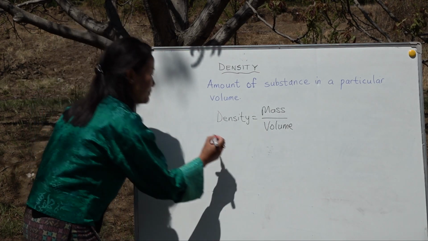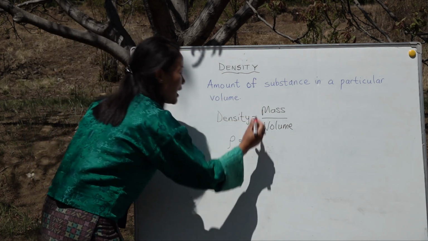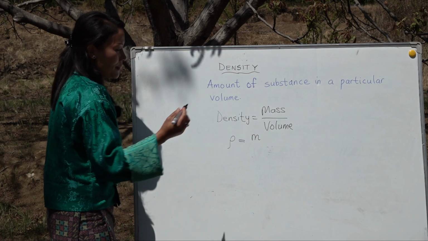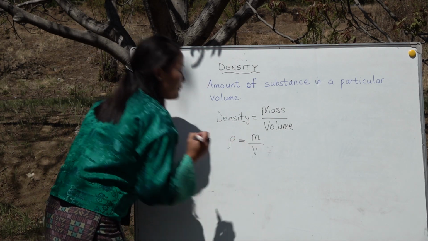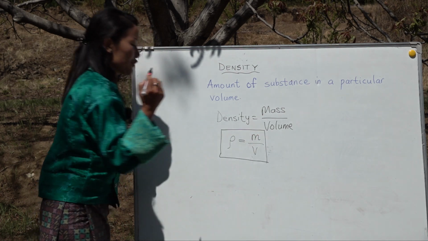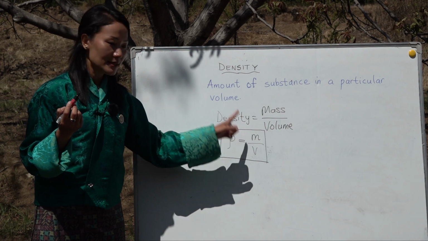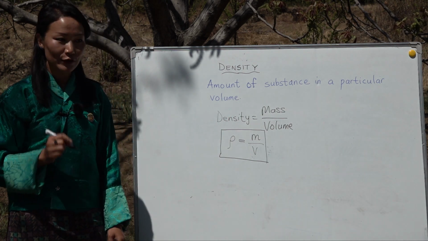Density is denoted by rho, mass is m, volume is v. So this is the mathematical expression to find density. Density is mass per unit volume.